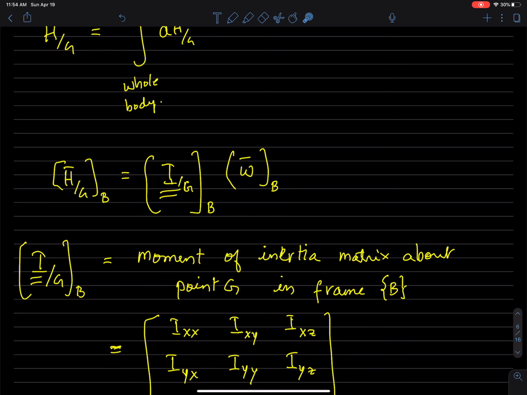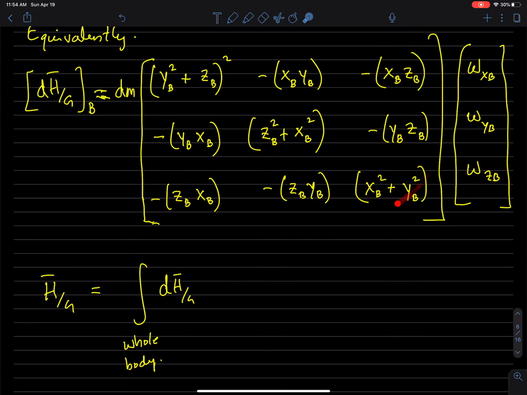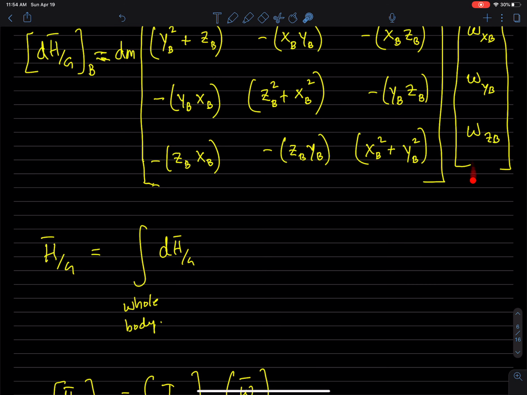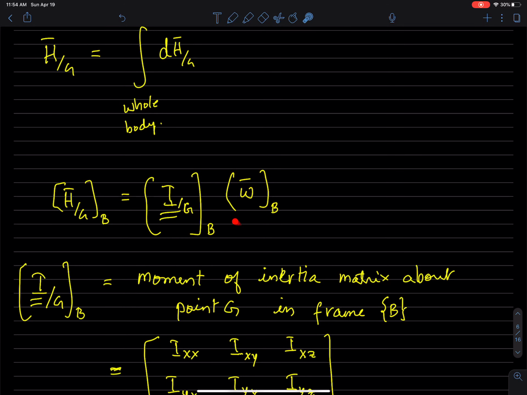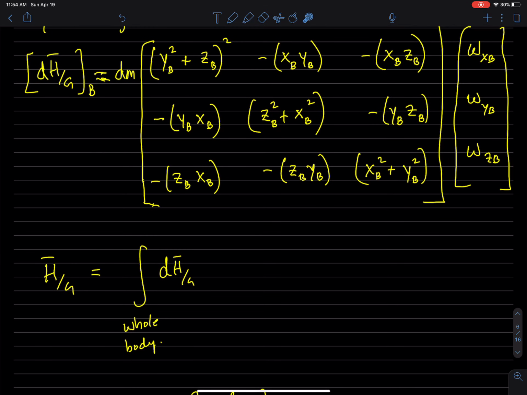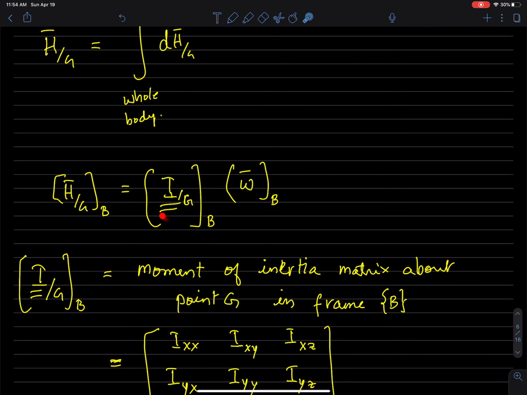The integral of this matrix times dm is what we are calling Ig, and then omega just comes from there. This is the representation of omega in the frame B, and this integral of this matrix is the representation of the moment of inertia tensor in the frame B.